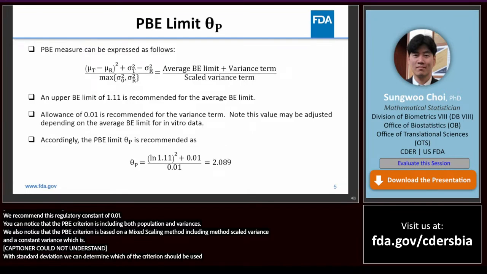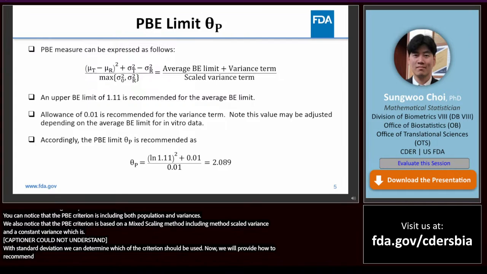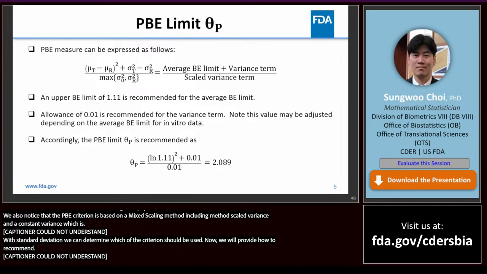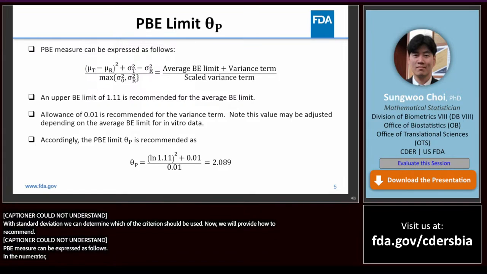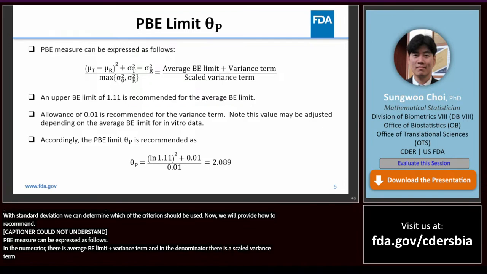Now we provide how to recommend the population bioequivalence limit, theta p. The population bioequivalence measure can be expressed as the following parts. In the numerator, there are the average bioequivalence limit and variance terms. And in the denominator, there is a scaled variance term. An upper BE limit of 1.11 is recommended for the average BE limit.